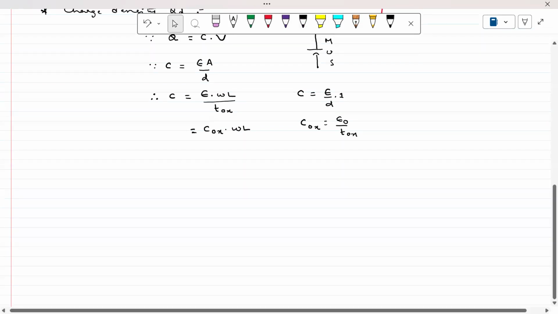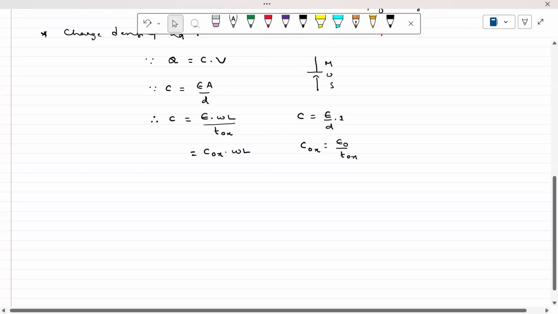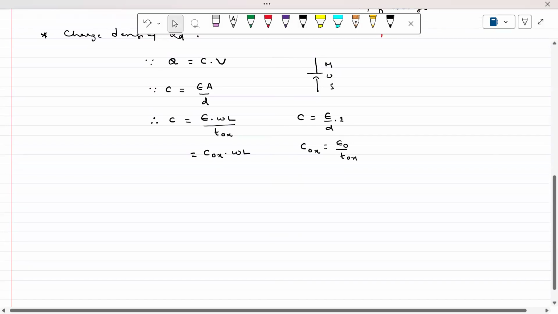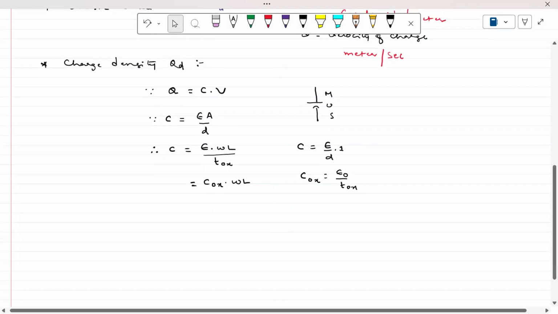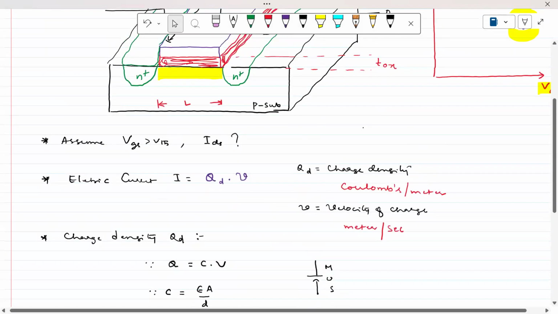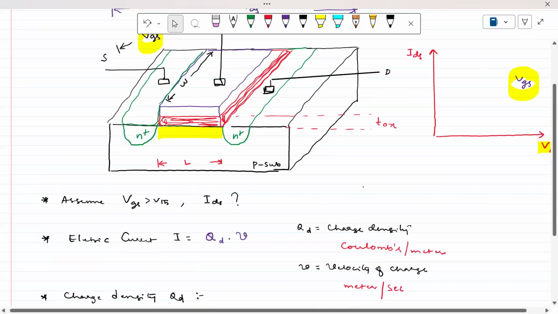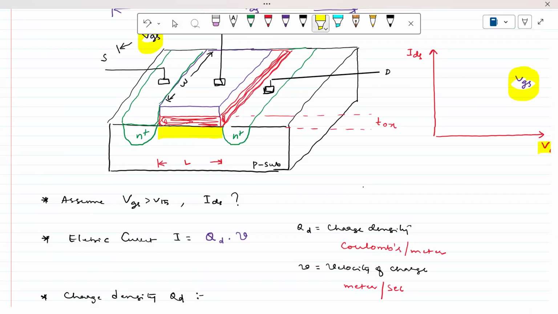Now the question is what the V is. But before going to V, the idea is that we don't want to calculate the entire capacitance and charge.